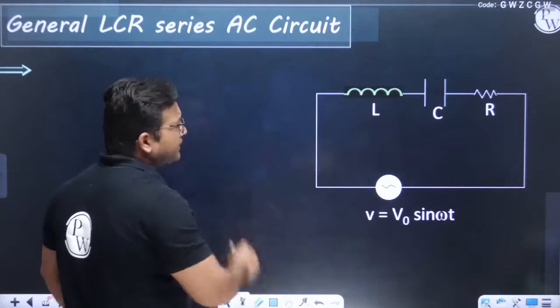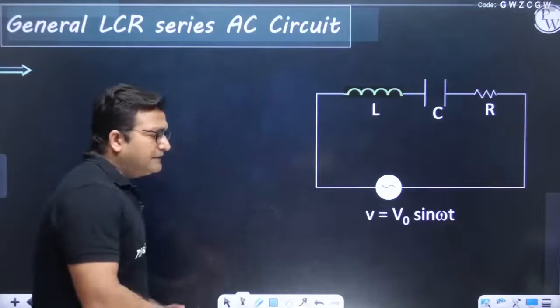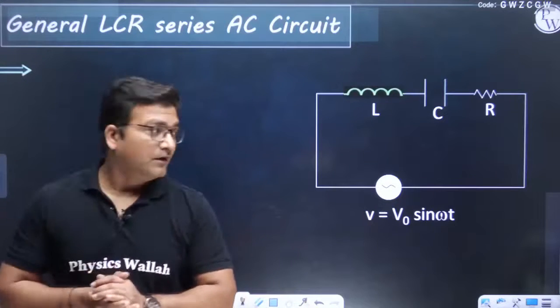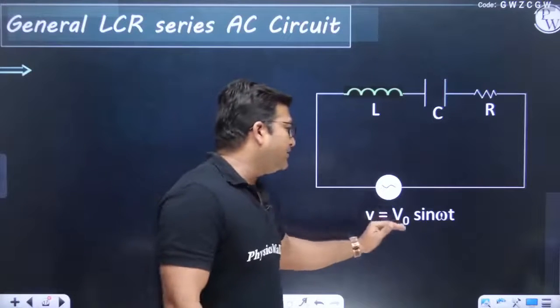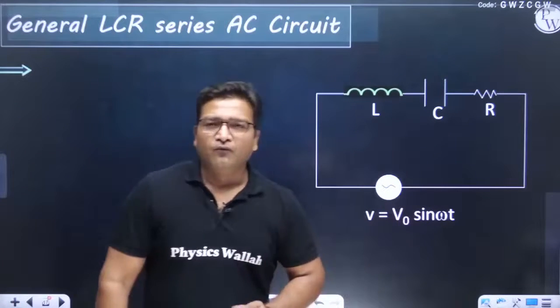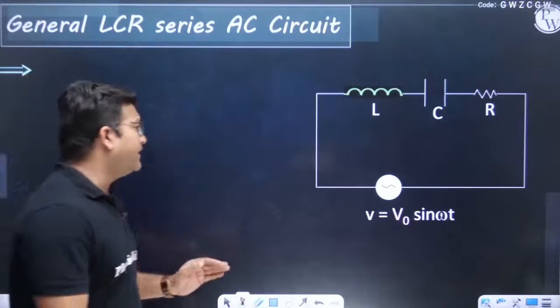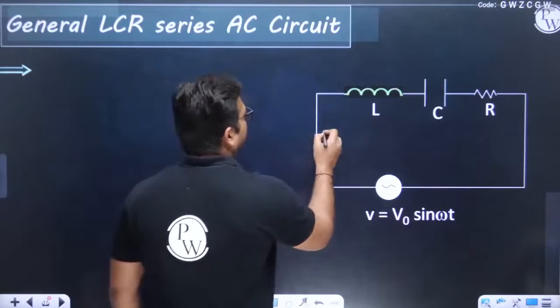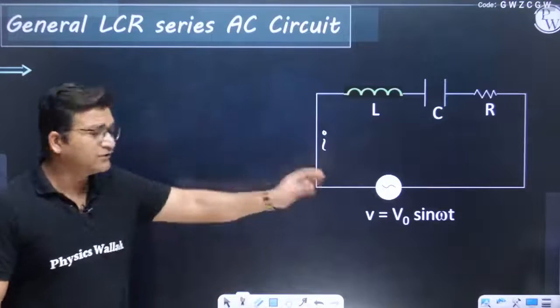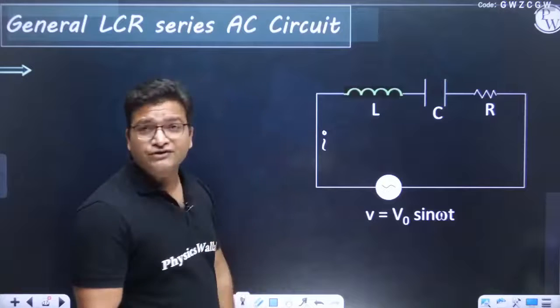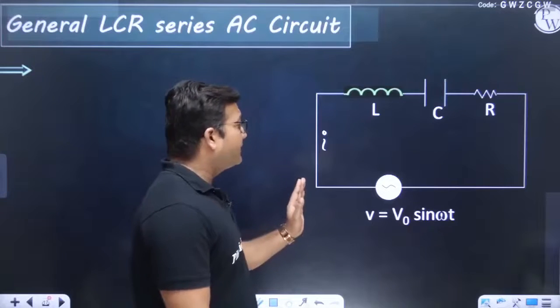In case of a series circuit, we start our analysis by drawing a phasor, remember. If we have voltage as V naught sine omega t, one thing is sure: the current here would be alternating, because voltage is alternating. I am not drawing any direction of current because the direction of current is flipping.